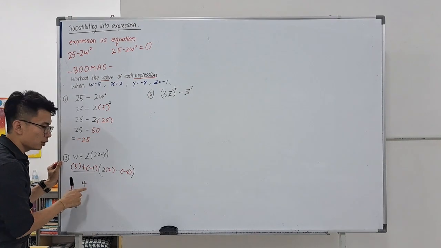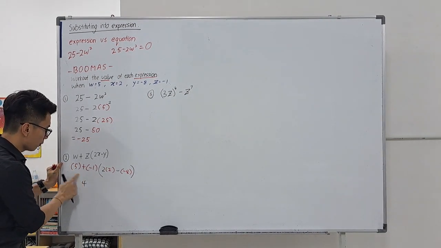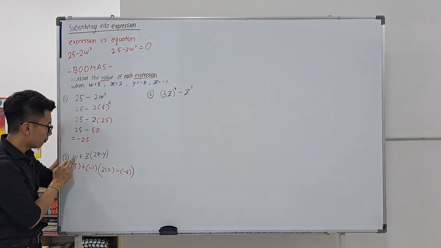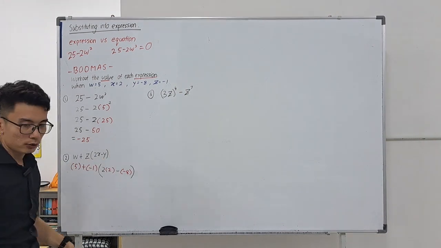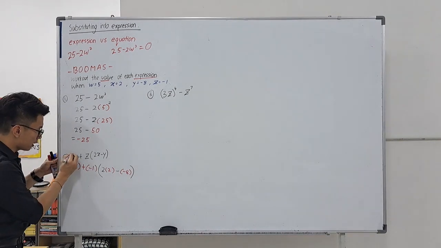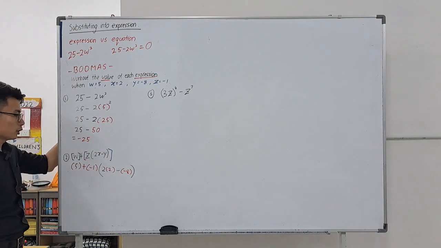Now, if this is your first step, you are wrong already. Why is that so? Because take a look back at this expression. This is basically W plus this whole thing. So let me highlight, I'm going to use a blue pen. This is actually W plus this whole thing over here.